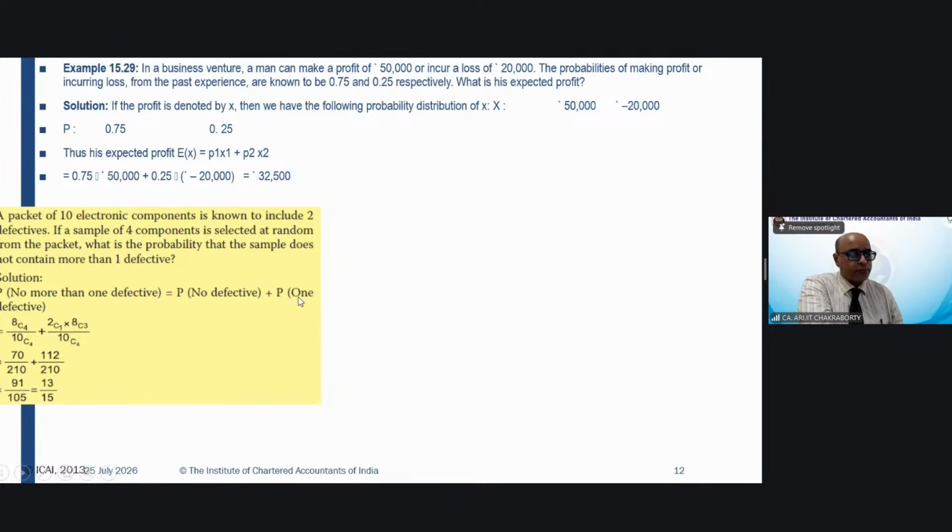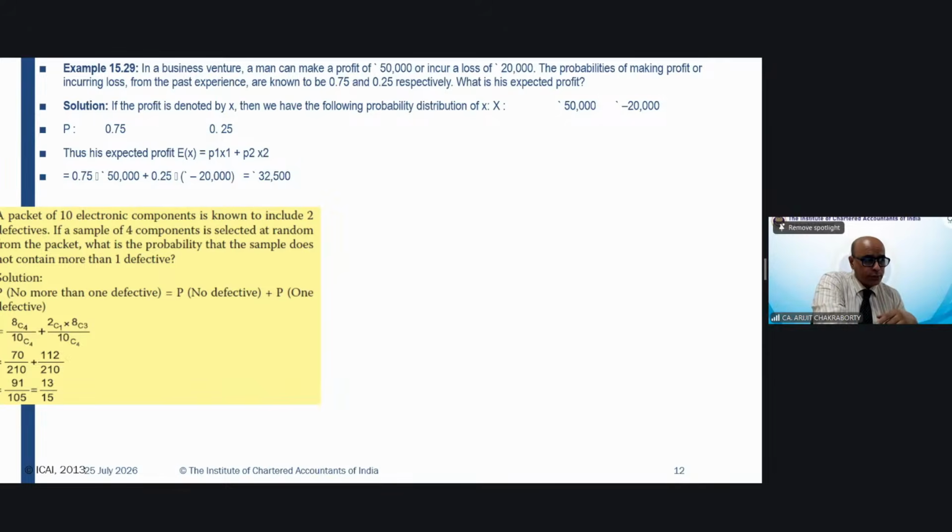That is no defective. And probability of 1 defective means you are ultimately selecting 4 items. Probability of exactly 1 defective means that out of the 4 items, 1 is defective. That means in the box, we have 2 defectives. Out of that, you are drawing 1, which is defective. So it is 2C1 multiplied by 8C3, because out of the 8 good items, you are selecting 3.